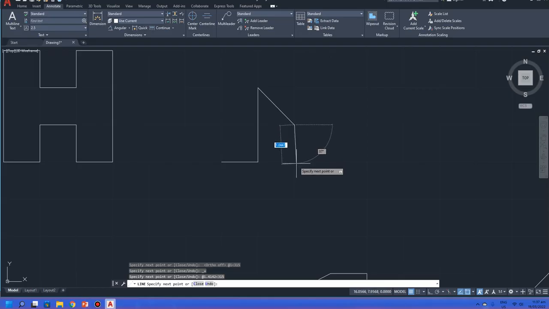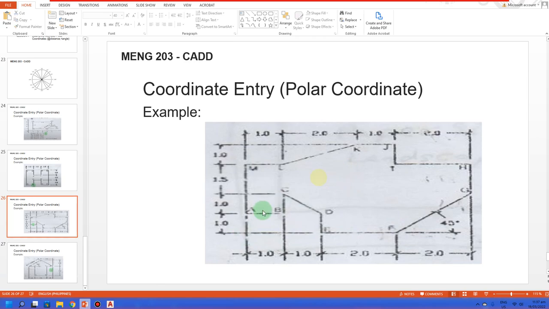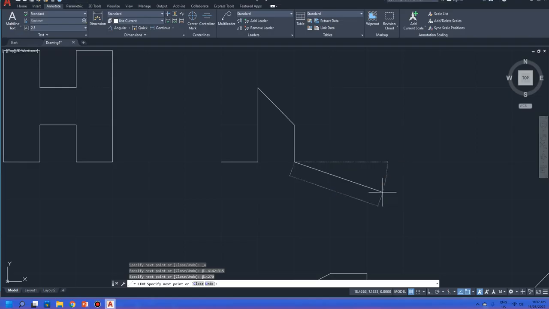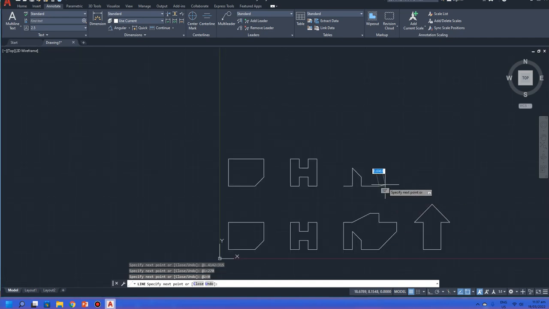Okay, then distance is 1, angle is 270, and then the distance is 2 and the angle is 0.